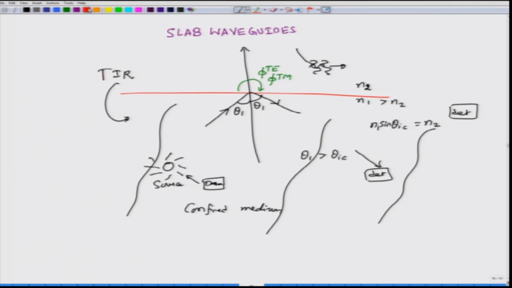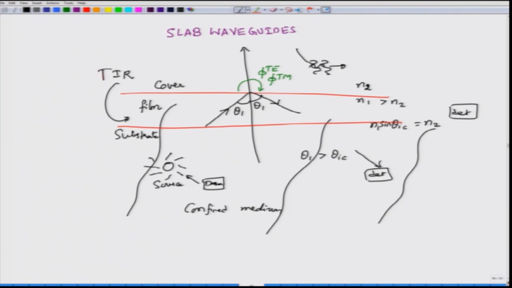So, the solution for our problems is to actually put another interface, okay, and this interface in integrated optics is normally called a cover. This is called a film or sometimes a guide, and this one is called a substrate.